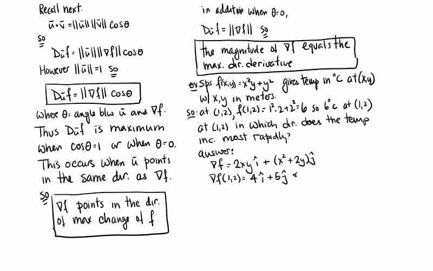That's the direction you would go at the point 1, 2 if you wanted the temperature to increase as much as possible.